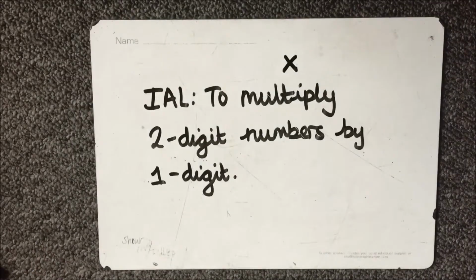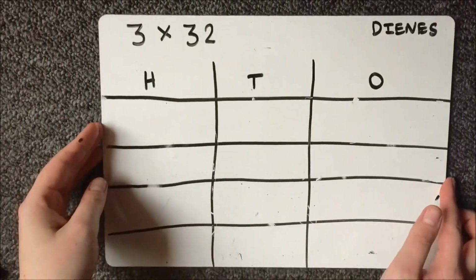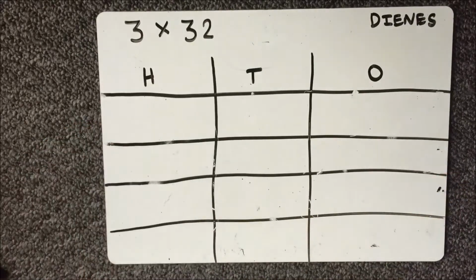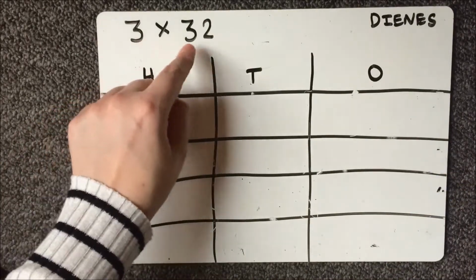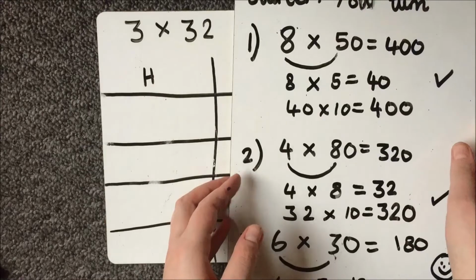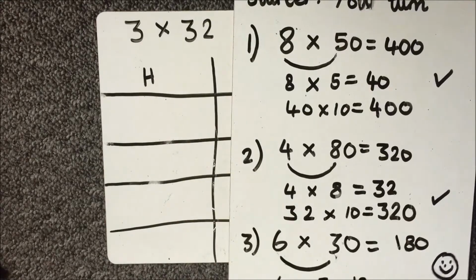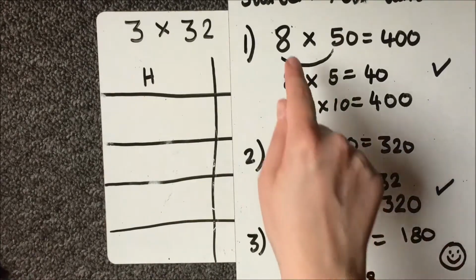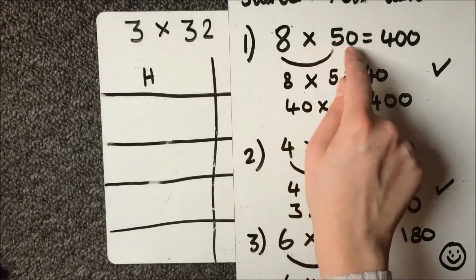Let's see if you can see the difference though with today's first challenge. It says 3 times 32, so 1-digit times 2-digit with 10s and 1s. Can you see how it's different though to this one? Pause the video and have a think. In this one, we've got 8 1s times 5 10s.